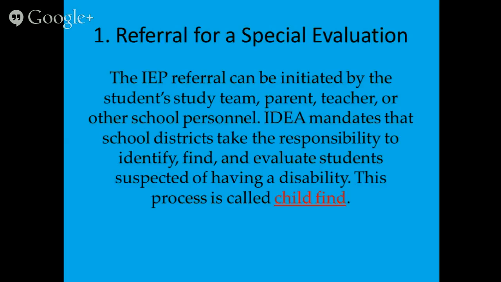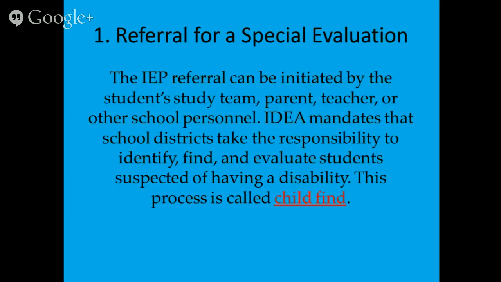Okay, so let's get into our first two steps of the IEP process. Okay. Step one is the referral for special evaluation. As I stated, there are 5 important steps in the IEP process. Okay. This process gets rolling once you're in contact with Child Find.